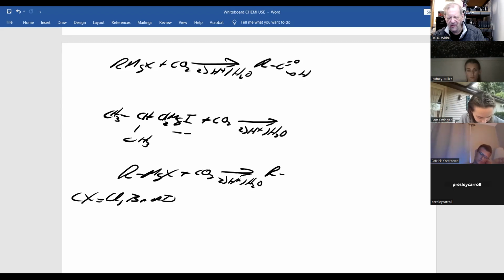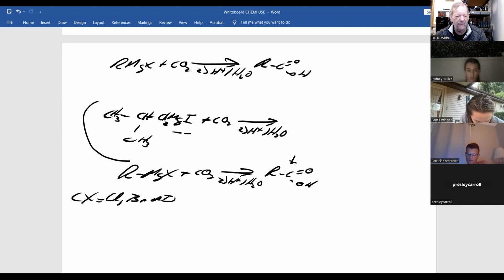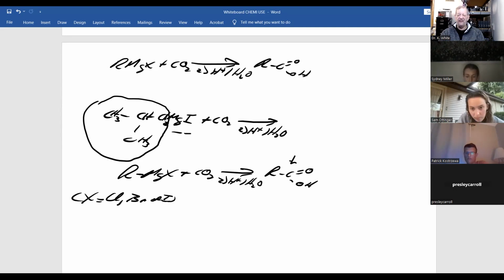And you get a carboxylic acid that's one carbon longer than the R group. You're making a carbon-carbon single bond. R plus this carbon is one carbon longer. What's my R group? Do you break carbon-carbon single bonds, everybody?